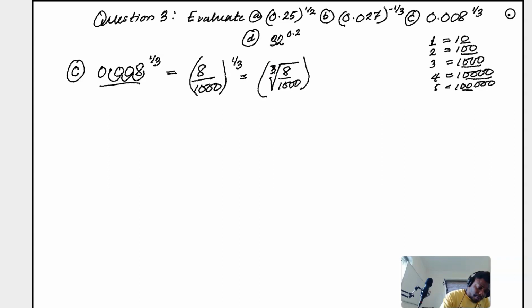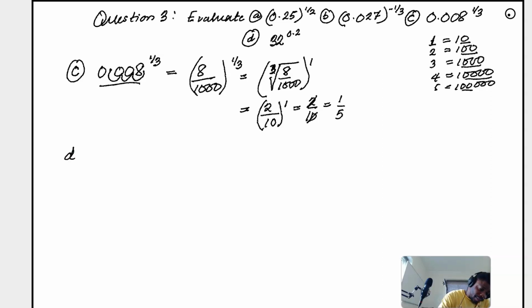Then 1 here. So what this is telling you is, what is the same number I will multiply 3 times that will give me 8? So cube root of 8 is 2 and cube root of 1000 is 10. This is 1. Remember, 2 over 10 raised to the power 1 is still 2 over 10. So how many 2 here? 1. How many 2 here? 5. So this is 1 over 5.